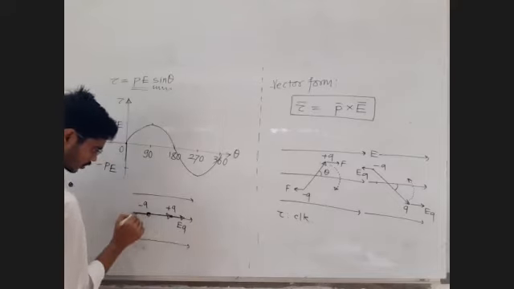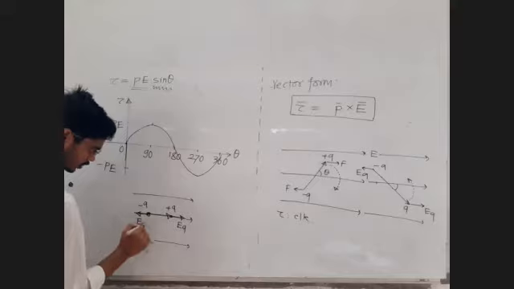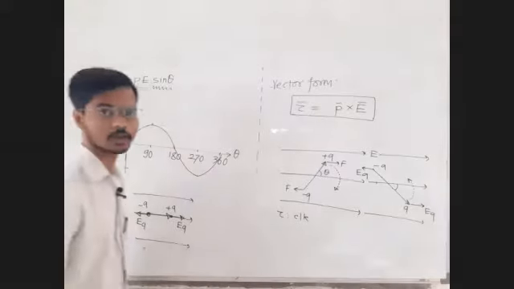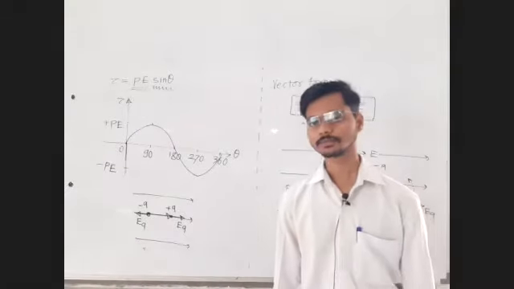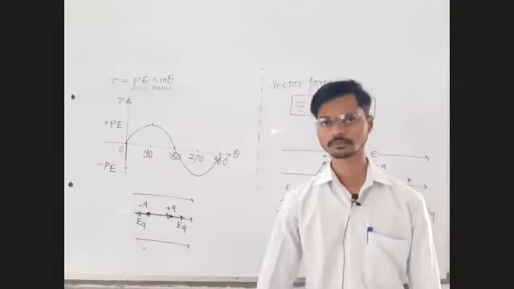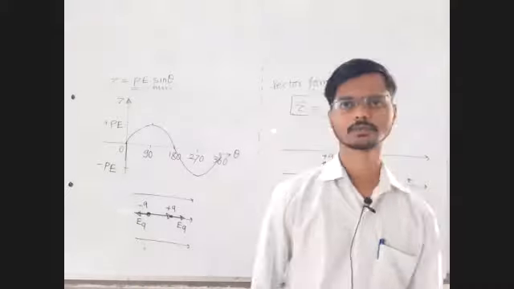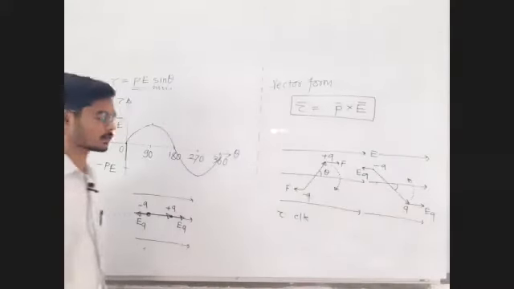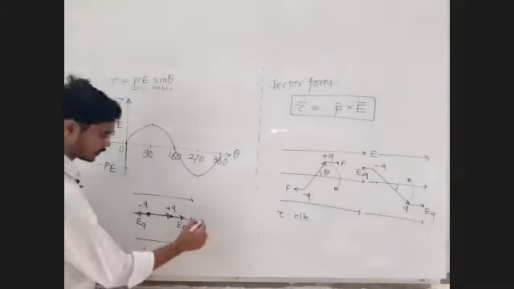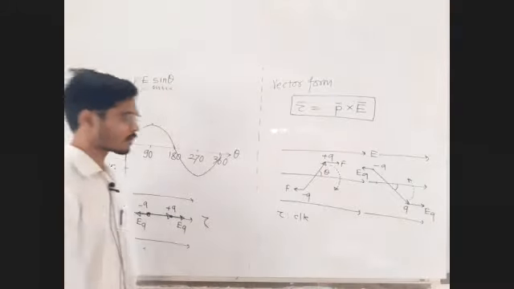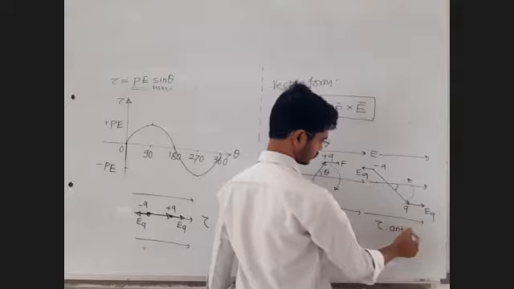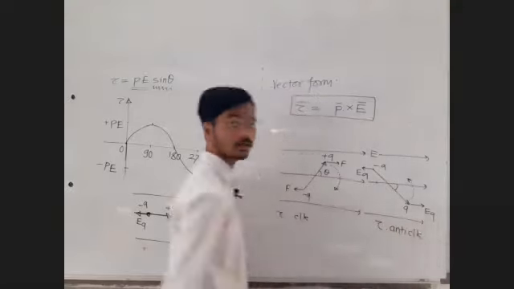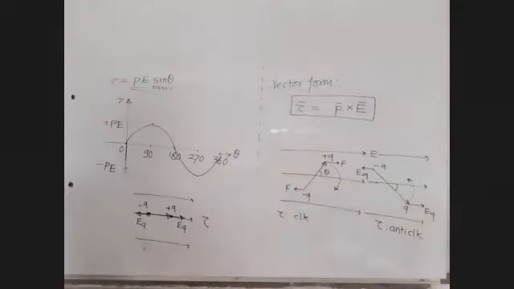On the minus Q, force will be in the opposite direction of electric field. What is the value of torque? Force into perpendicular distance. Everyone try. What is the value of torque here? Here clockwise. Here anti-clockwise. Yes, all of you are giving the correct answer.